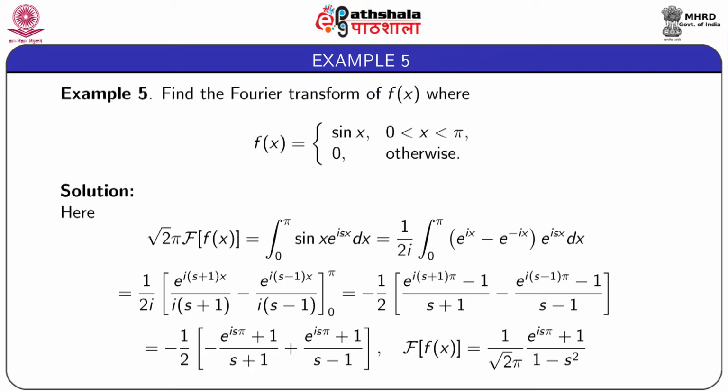Now, we consider another example, example 5. Find the Fourier transform of f x where f x is equal to sin x for x lying in the interval 0 to pi and equal to 0 otherwise.